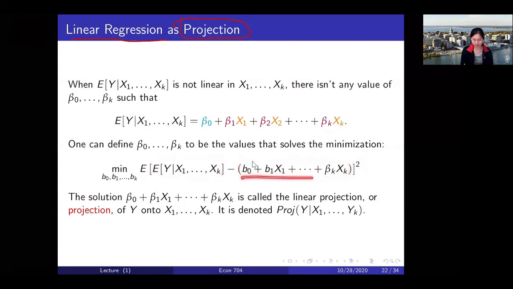This is not going to be equal to the conditional mean if the conditional mean is not linear, but we want to find a linear approximation that is as close as possible according to this expected squared difference. And the solution to this problem is called linear projection, or simply projection.